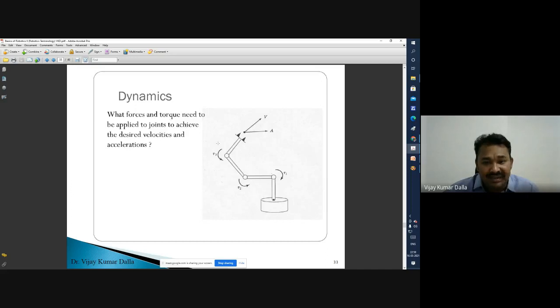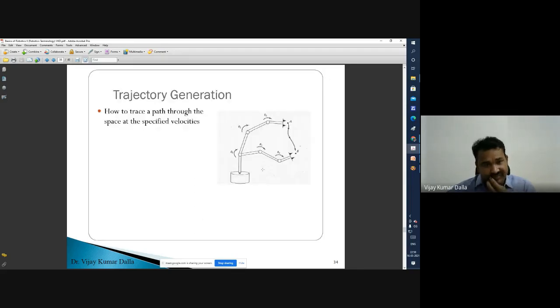Dynamics, in which we also want to know about the torques and forces responsible for the desired motions. Trajectory generation, you can see this figure. A is the starting point, B is the goal point or end point, and how to reach the goal point is the trajectory generation.